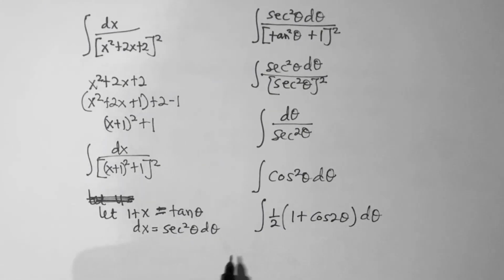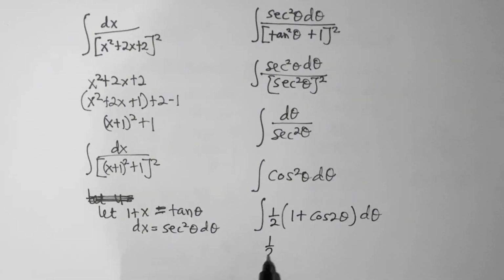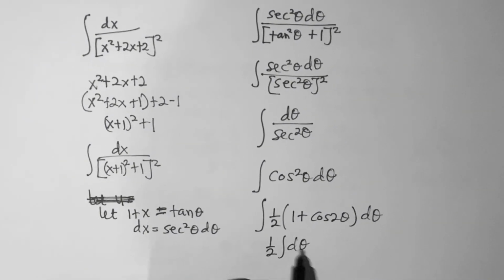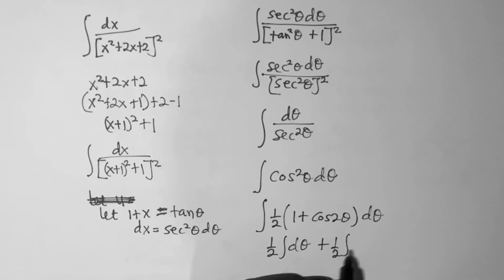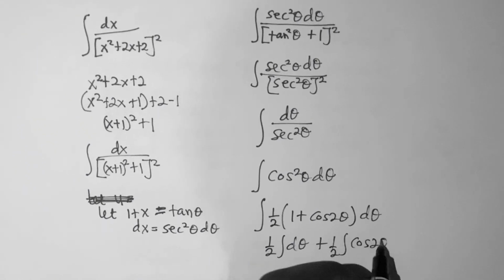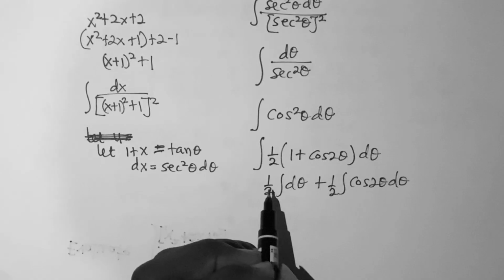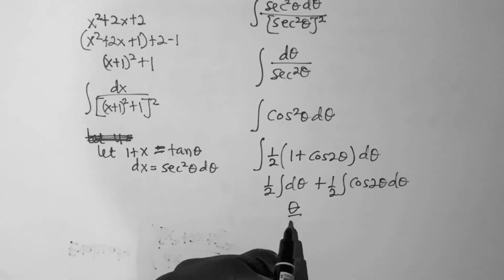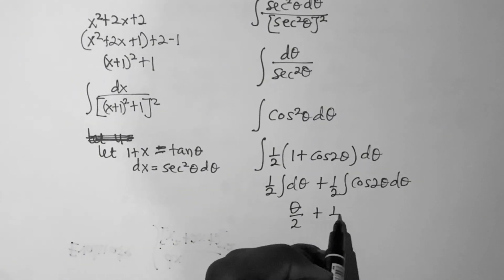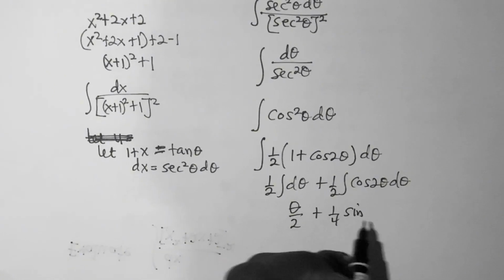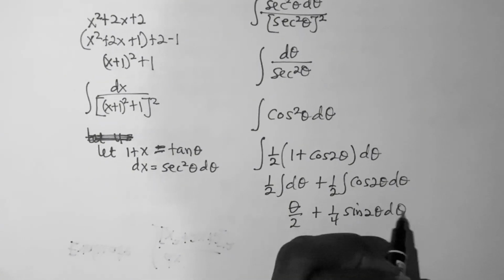So the integral becomes half the integral of d theta plus half the integral of cos 2 theta d theta. So here becomes theta over 2, then plus 1 over 4 sine 2 theta, plus c.